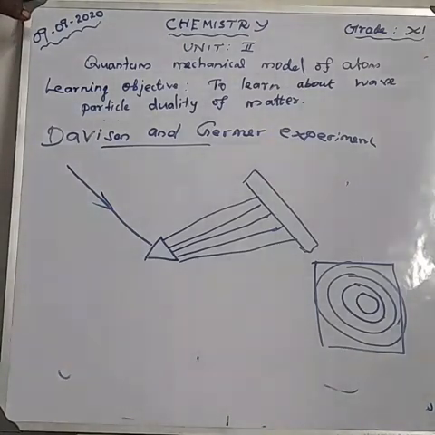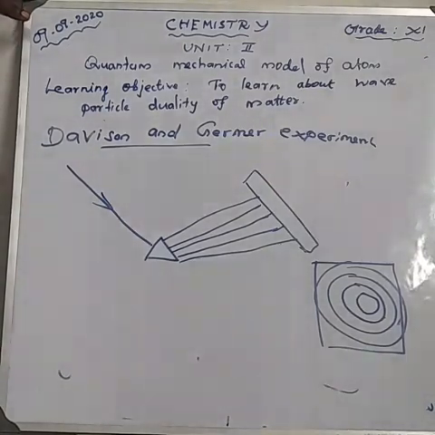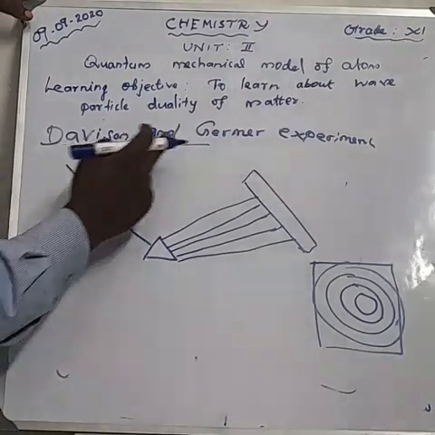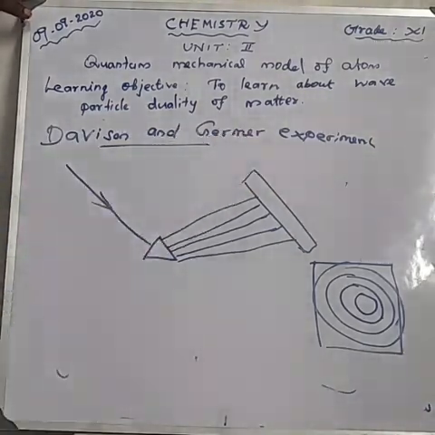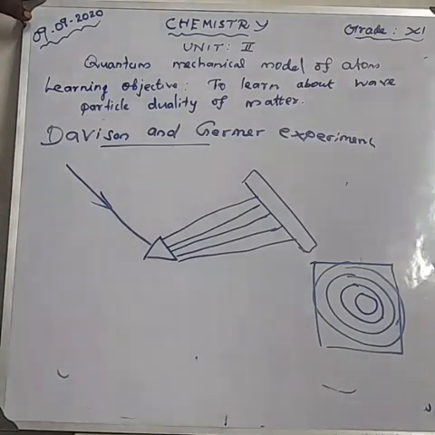So, as per the Davisson and Germer experiment, electrons also have wave character and also particle character.